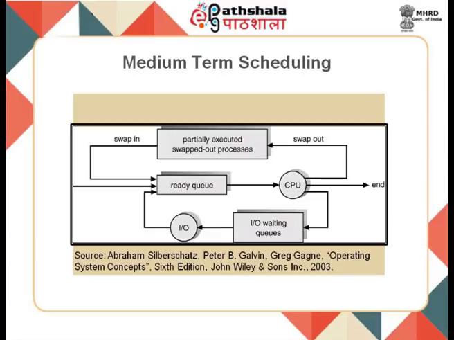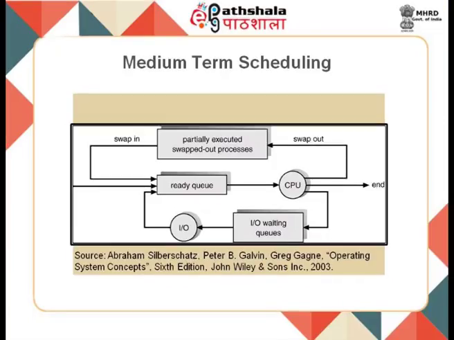This medium term scheduler will pick a partially executed process and swap it out into the secondary storage device, and then it will be brought back into the main memory. That is, the long term scheduler will pick certain processes and put them into the main memory, but in due course of time you may need more space in the main memory, or you may have to bring in some other process which is of a high priority.